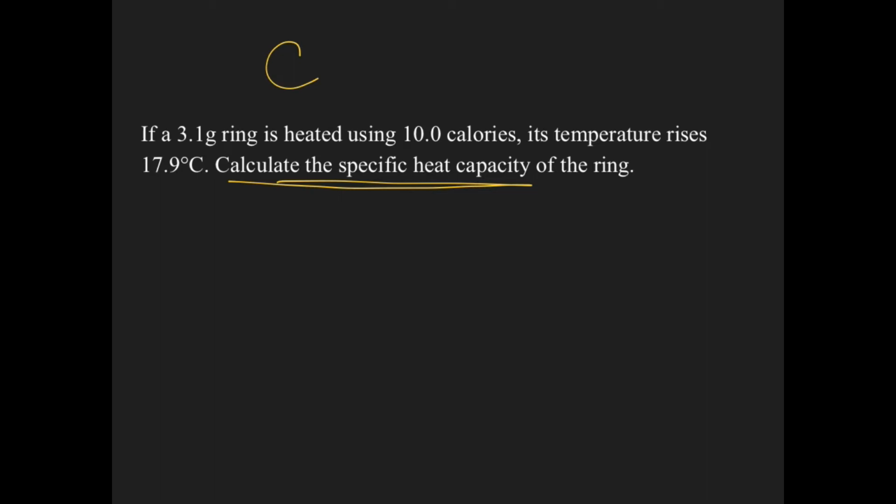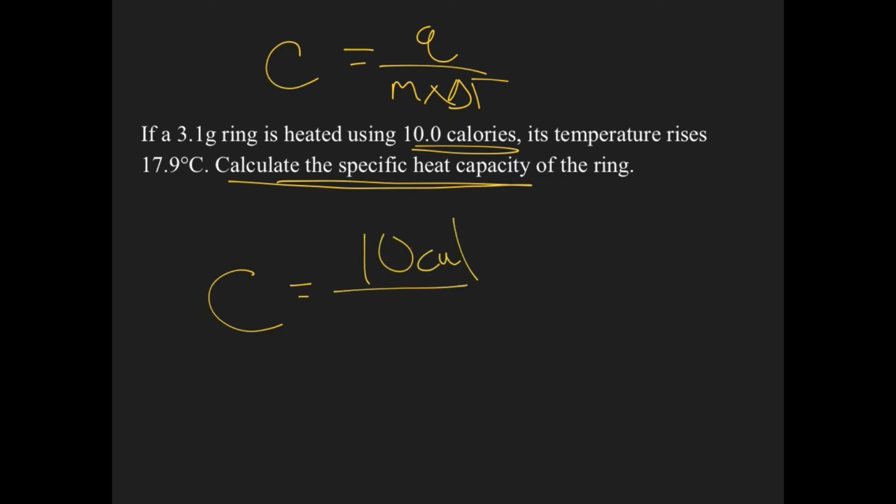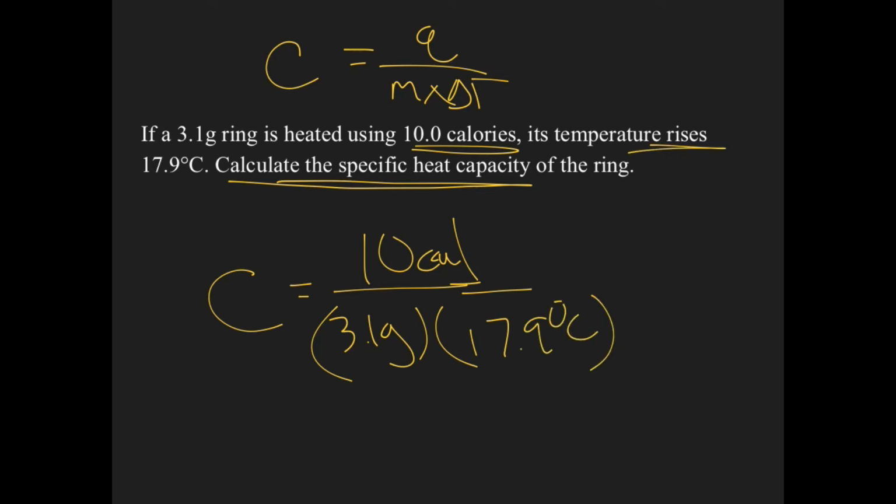If we need to find, in this case, the specific heat, this time we're trying to find C. C equals heat over mass times temperature change. In this case, the heat is 10 calories, the mass is 3.1 grams, and the temperature change is 17.9 degrees, because it says the temperature rises, so that's giving you the temperature change right there.